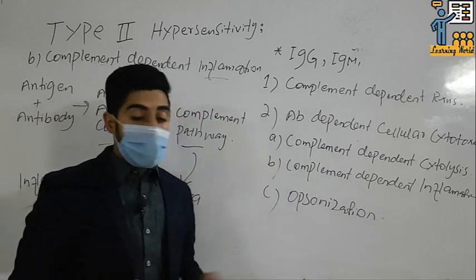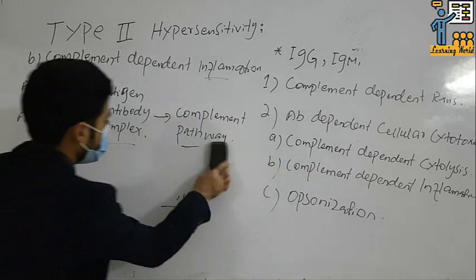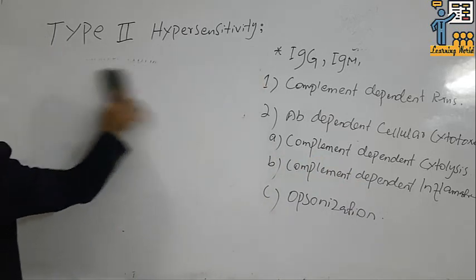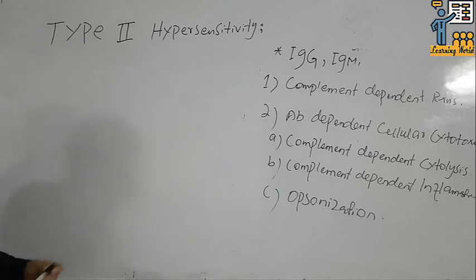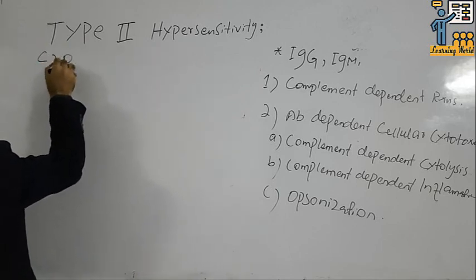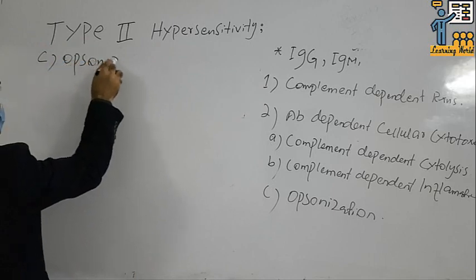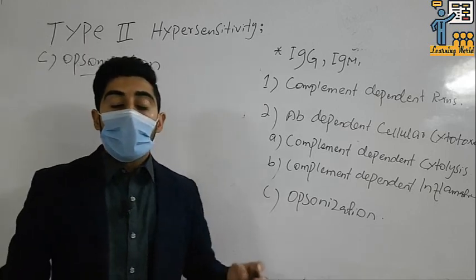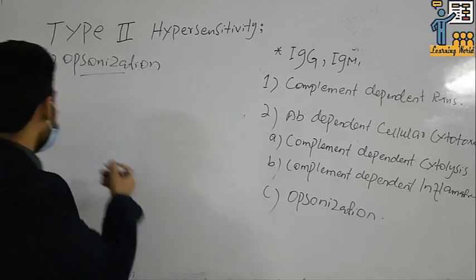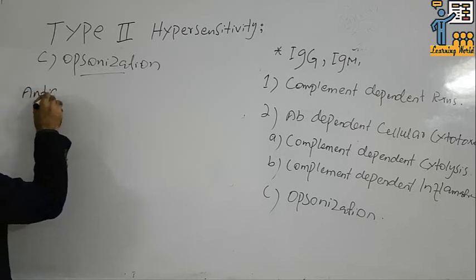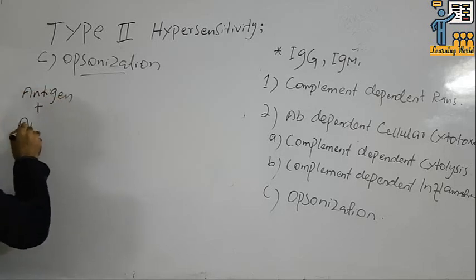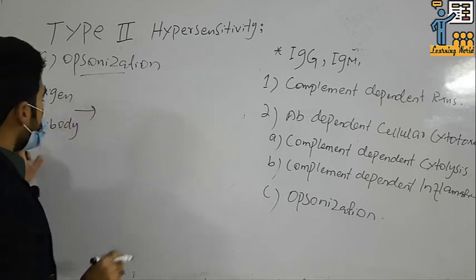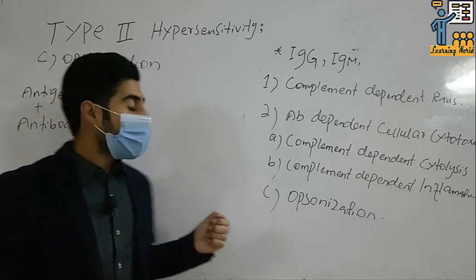Next we will talk about the opsonization. C is the opsonization. In opsonization, when the antigen antibody complex forms, for example, this is the antigen plus antibodies. The antibody will attack this antigen, this pathogen.